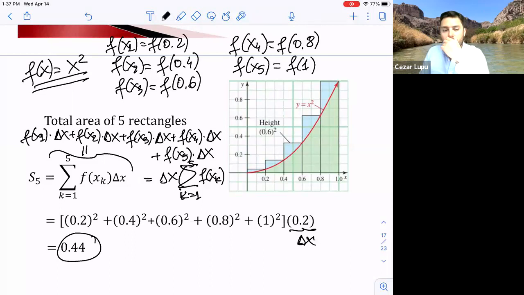All right. So this is the approximation of just using 5 rectangles. What do you think? If I take more rectangles, do you think I'll get a better approximation? Yes, your intuition will say yes. Well, if you take a large number of rectangles, you'll get a much better approximation.